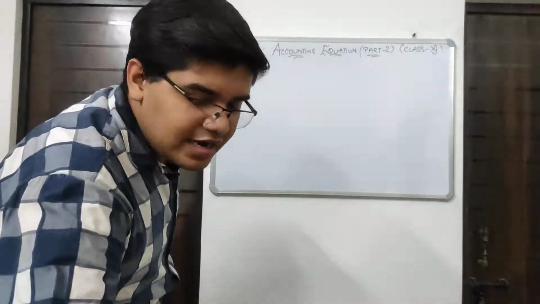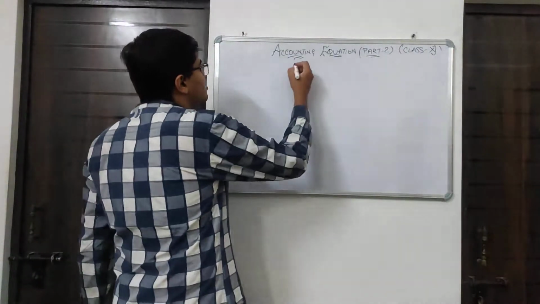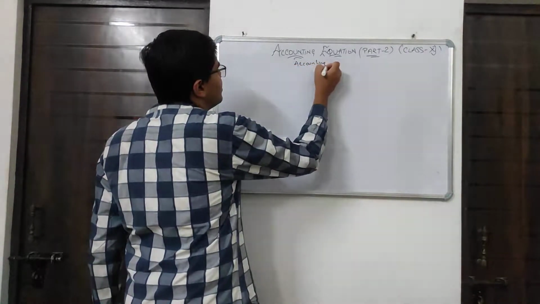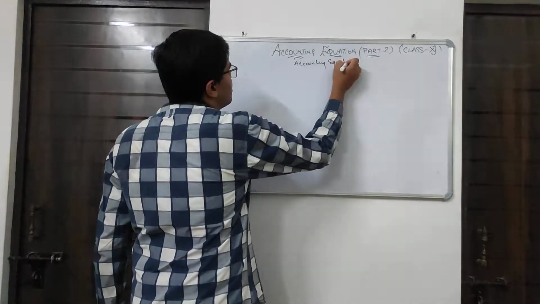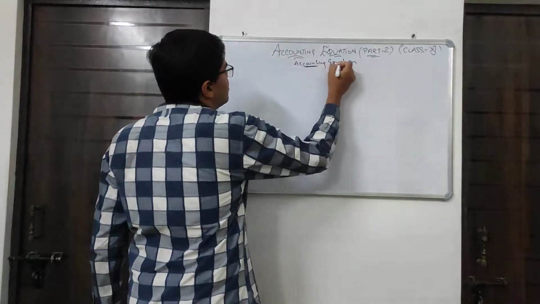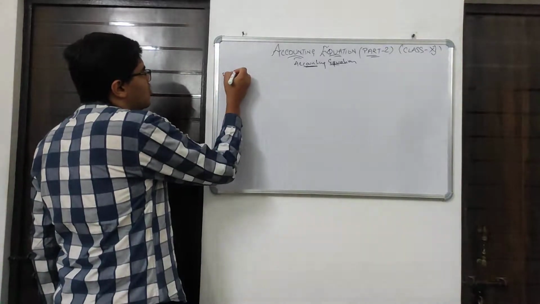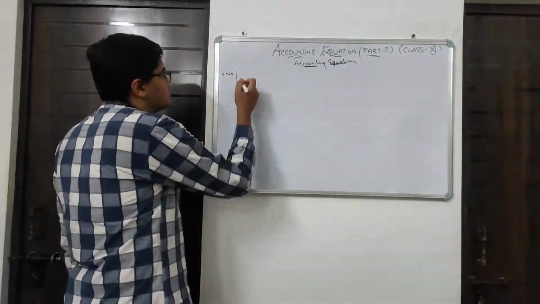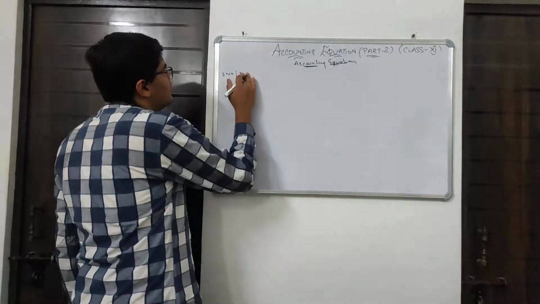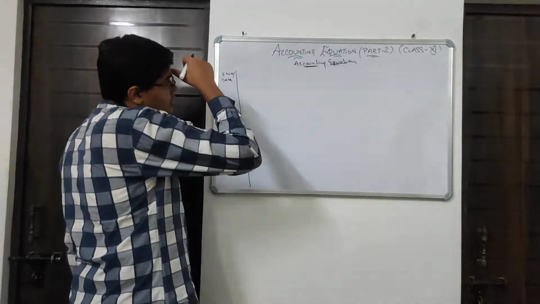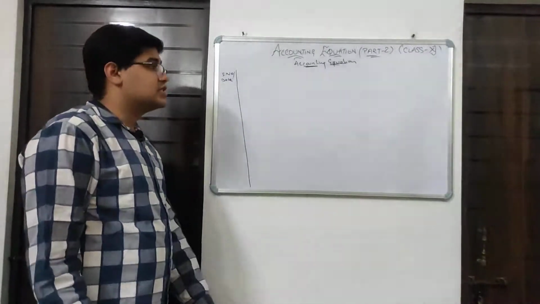First, you have to write the format of the accounting equation. You have to give the heading. You can write serial number or date, whatever is given in the question, depending on the transaction or the question given to you.